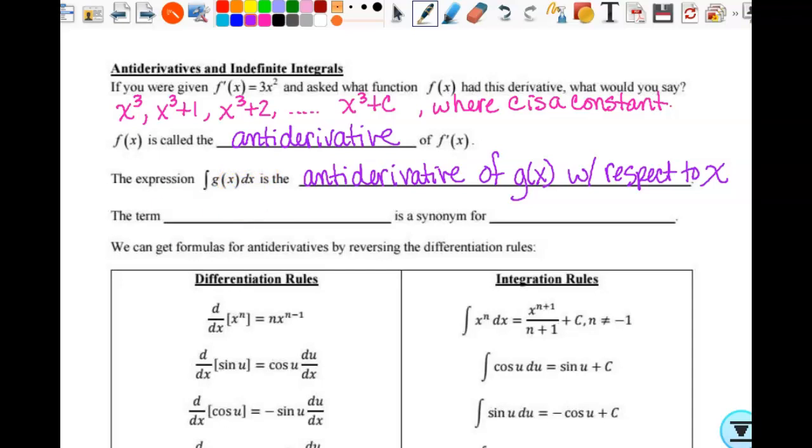The term indefinite integral is a synonym for antiderivative.